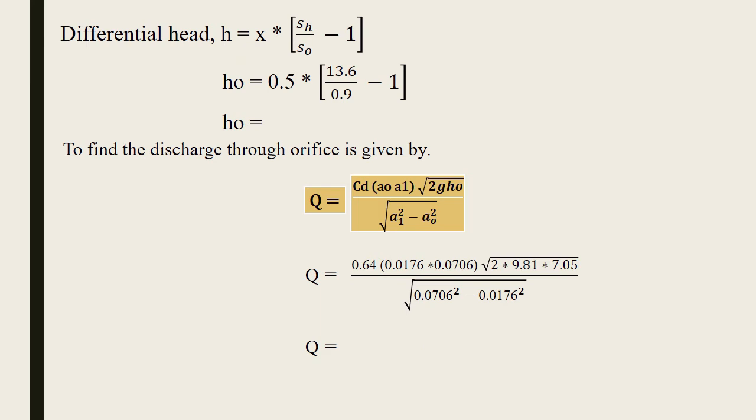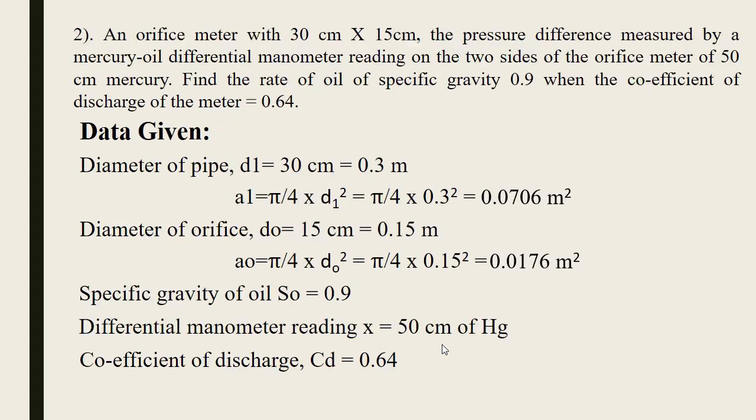But in the calculation, the H you substitute must be in terms of the fluid that is flowing inside the pipe. The fluid flowing inside the pipe is oil. So the 50 centimeter of Hg should be converted into a value in terms of the fluid flowing, that is oil.